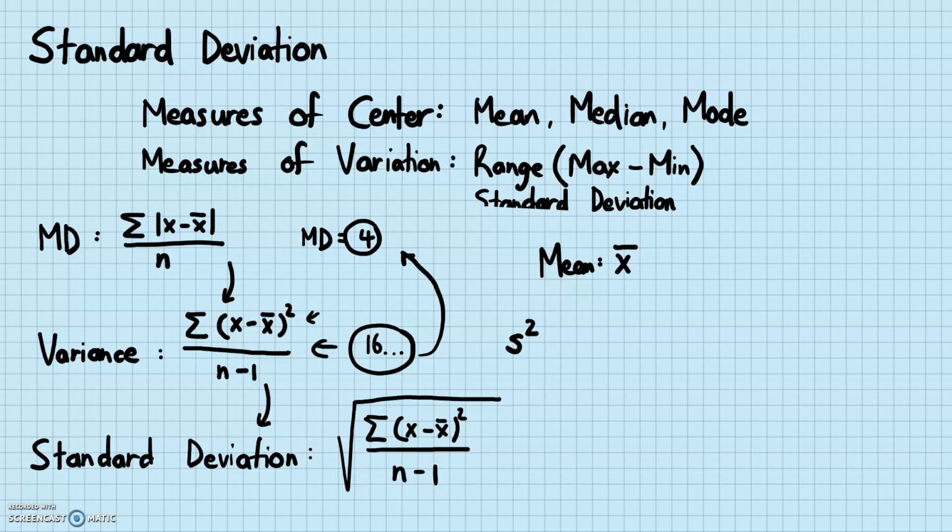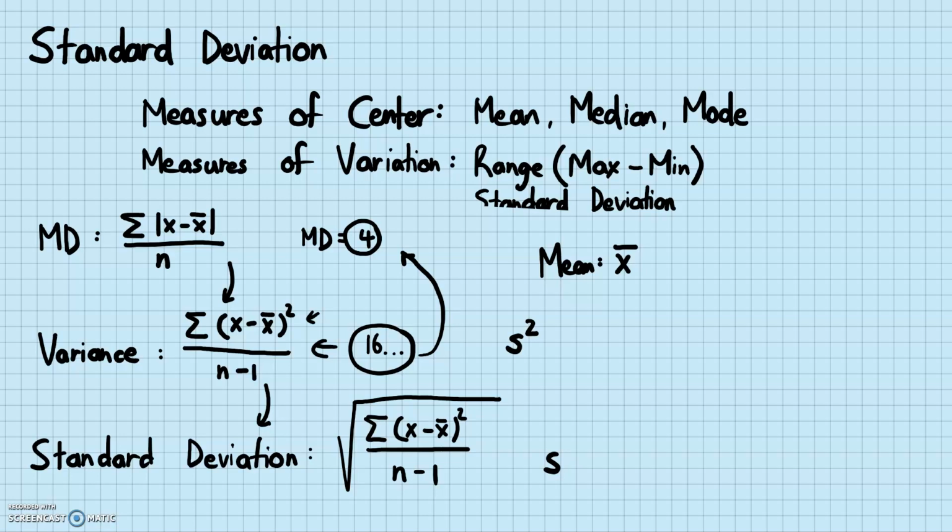So variance is S squared and standard deviation is S, because standard deviation is just the square root of the variance. So that's the relationship between standard deviation and variance. And what this sigma does is that it shows you how the individual data are spread out, how they are different within the data set.